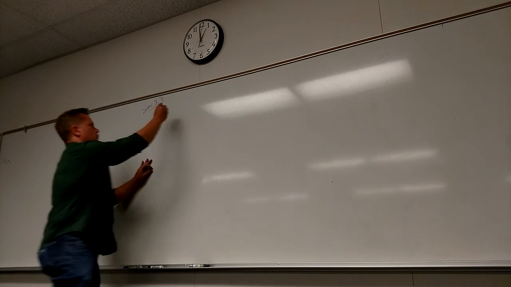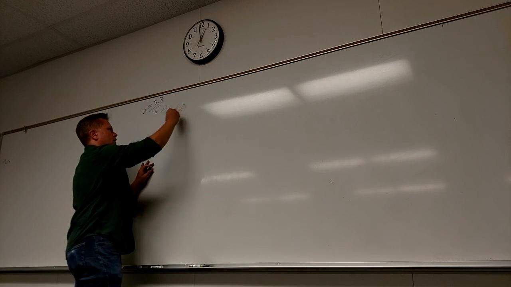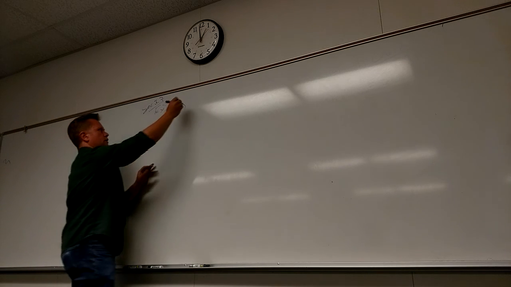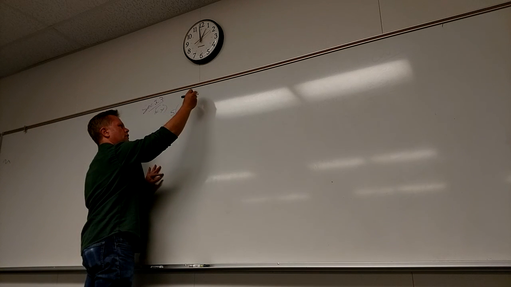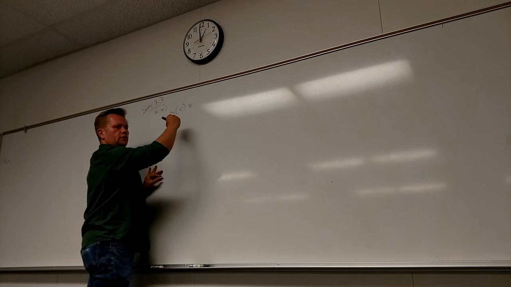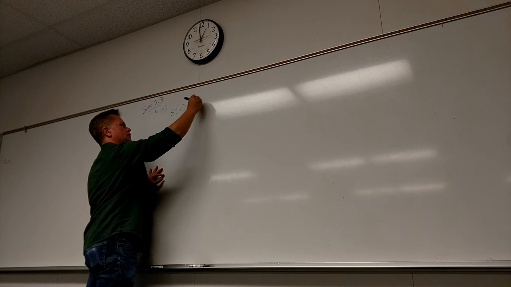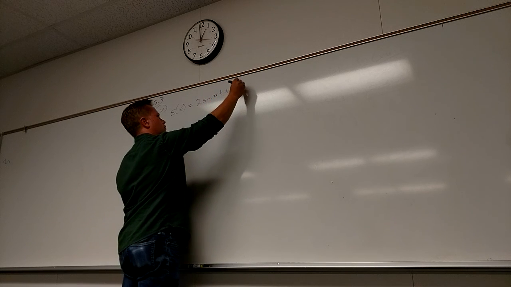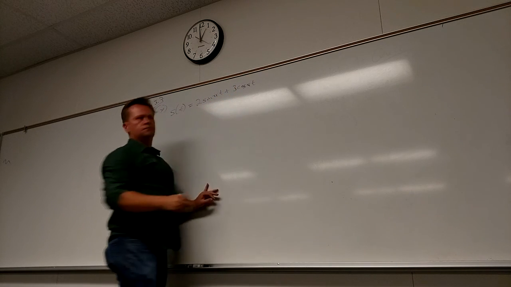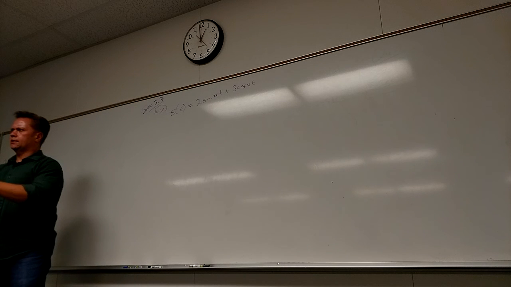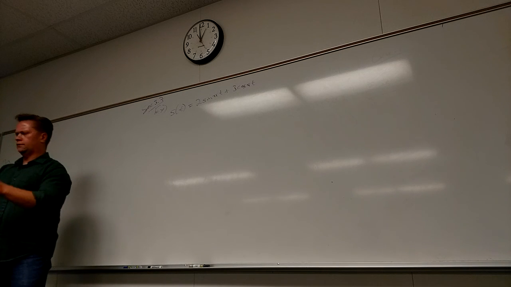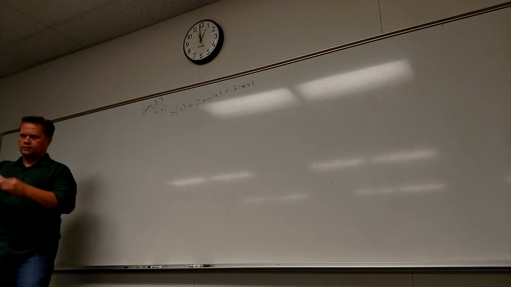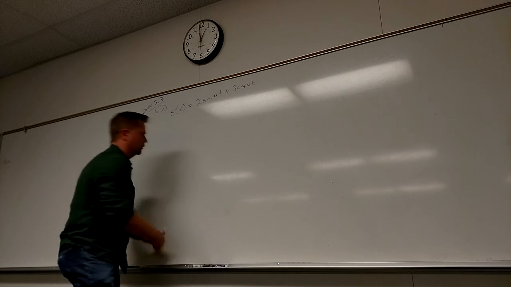Position is very often denoted with an S. You already saw this in an earlier section, something like 2 sine pi t plus 3 cosine pi t, where I had to make a table of values, investigate limits, or figure out the average velocity.